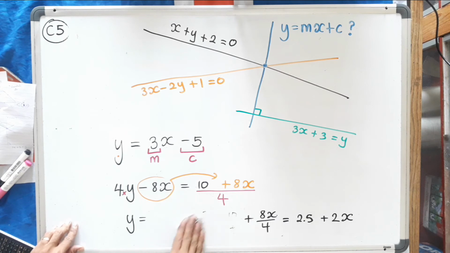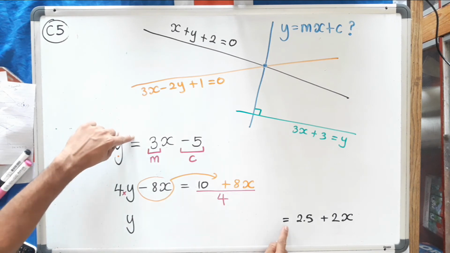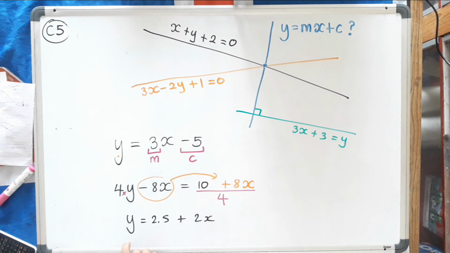I'm going to erase this. So when we simplify that whole thing, we got this. Sorry for the little space here. y is equal to 2.5 plus 2x. I just wrote it back closer. Now, because y is the subject, I can identify m and c.